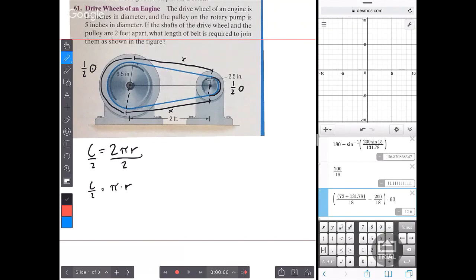And our radius is 6.5. So our half circumference equals pi times 6.5. So this half circle equals 6.5 pi feet, and this half circle over here equals 2.5 pi feet.